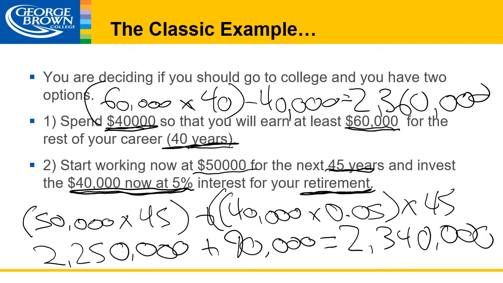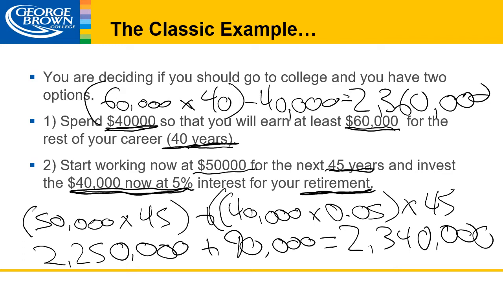Now, this does not take into consideration the opportunity costs. For example, for the first option, by choosing that option, we don't get the 5% interest on the $40,000 for 45 years, and we're also losing the $50,000 for the 5 years that you could have been working. Alternatively, for option 2, the opportunity cost is the difference in the earnings.